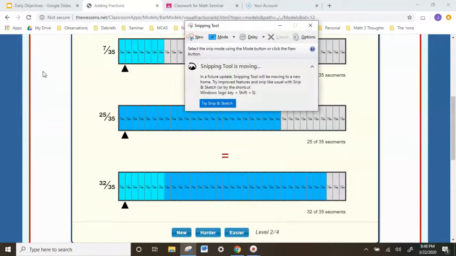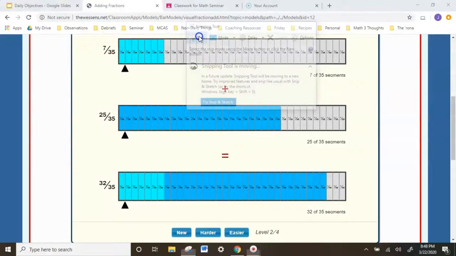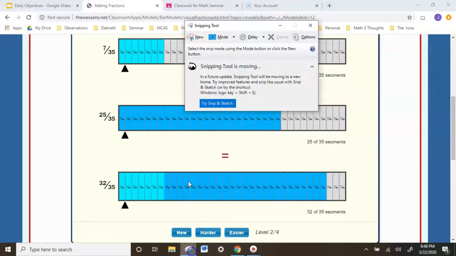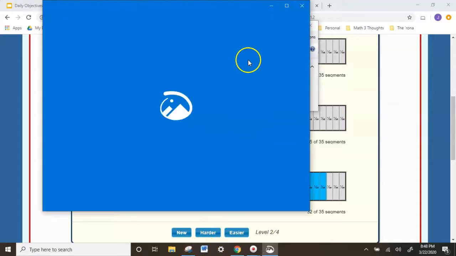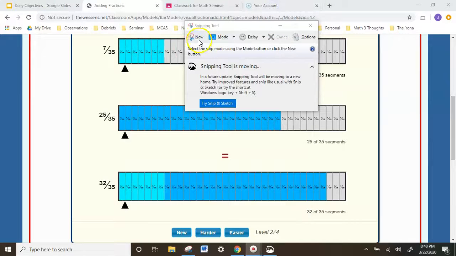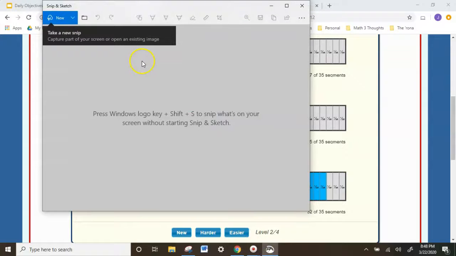I want you to click on this, and then when you have an answer that you've solved, I want you to, sorry about that, guys. I'm going to still have you do this. So we're going to still do the snipping tool here. You know what, guys? I apologize. Thanks for staying with me.